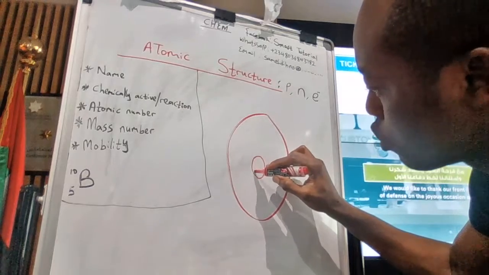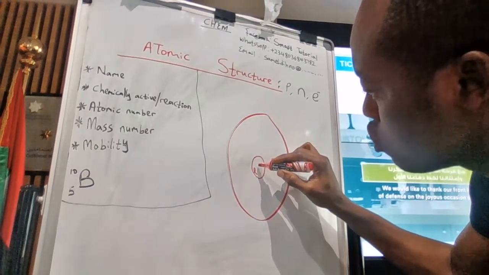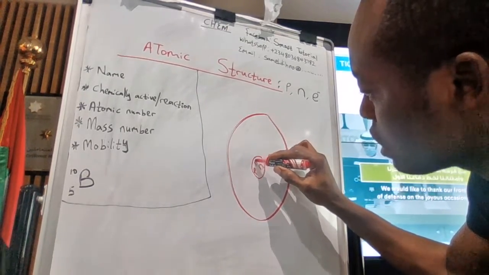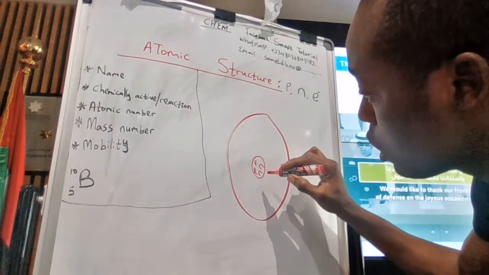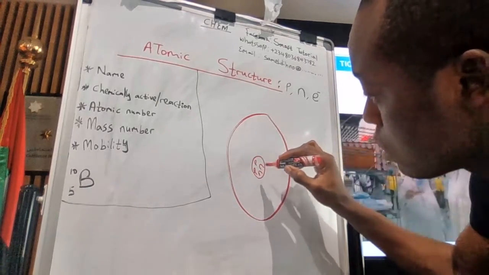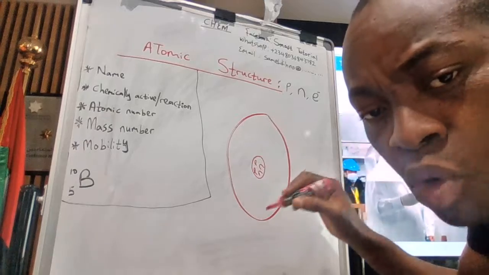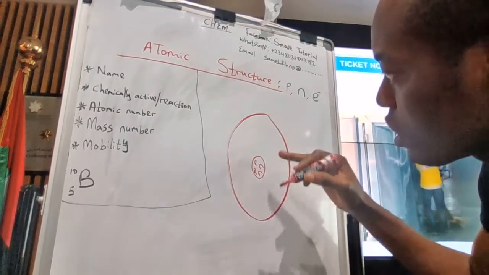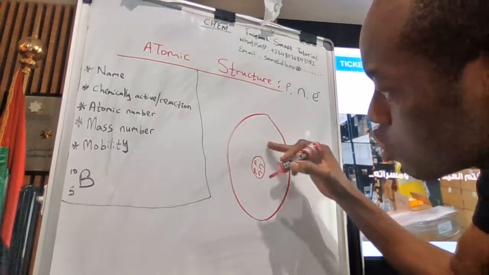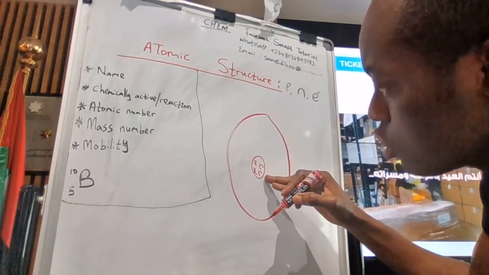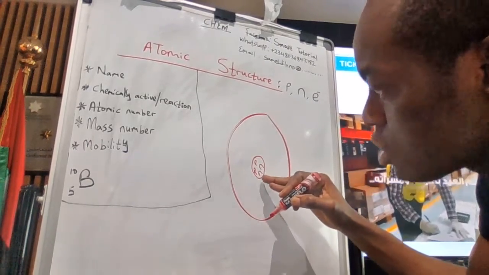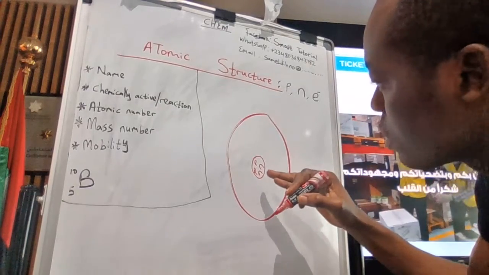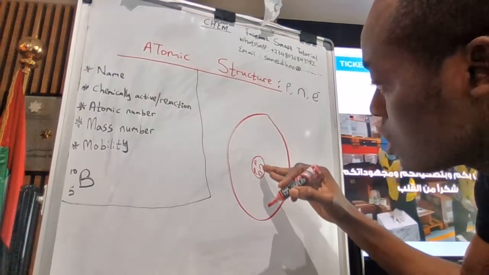That is, the protons and the neutrons reside in the innermost part of the atom, which is the nucleus. You can call it the nucleus or the core. There lie the proton and the neutron.